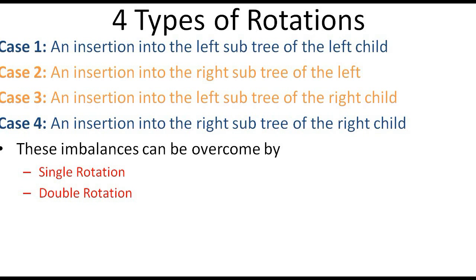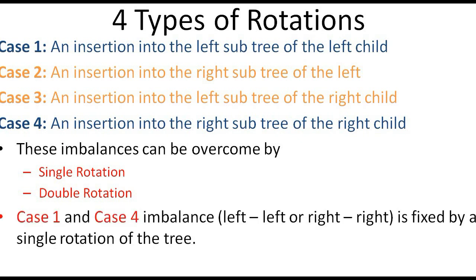For rearranging the imbalance, we have to do two major rotations. One is single rotation, another is double rotation. Case 1 and case 4 imbalance we will rectify with single rotation, that is left-left or right-right rotation.